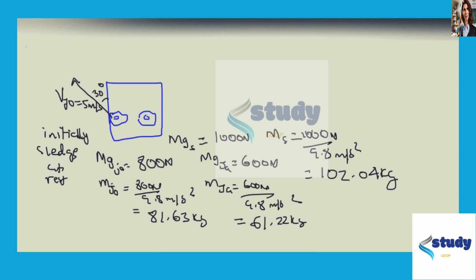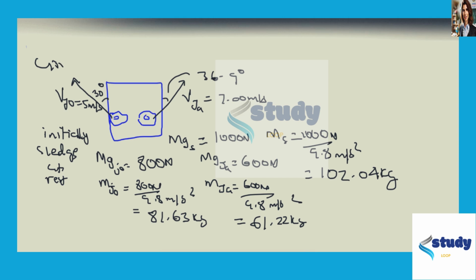And then on the other side, Jane jumps to the right with a velocity of 7.00 meters per second at an angle of 36.9 degrees.